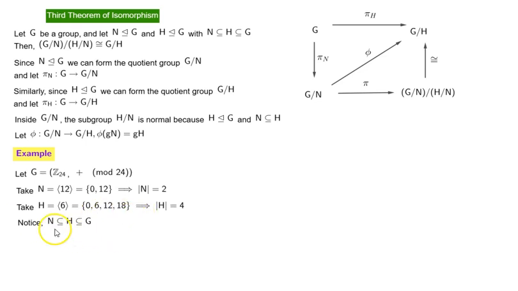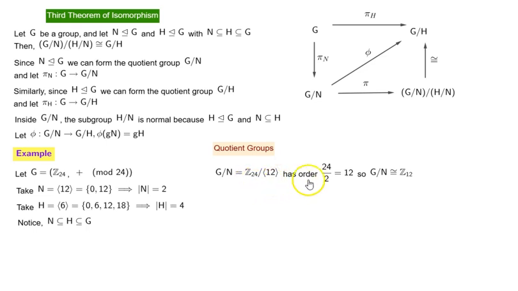And notice that N is a subset of H, and H is a subset of Z sub 24, that is G. Now let's form the quotient groups. G/N is equal to Z sub 24 by the subgroup generated by 12.